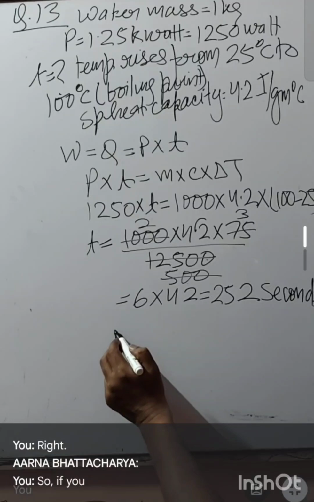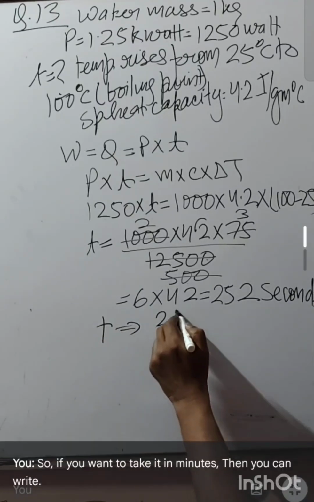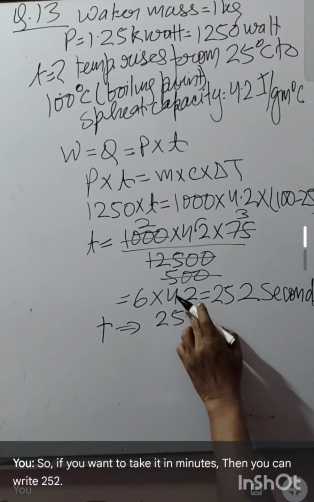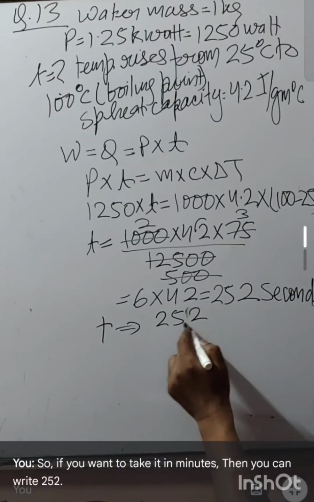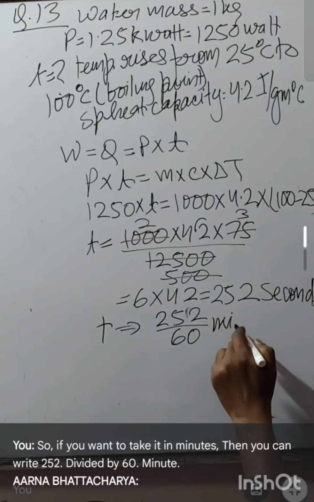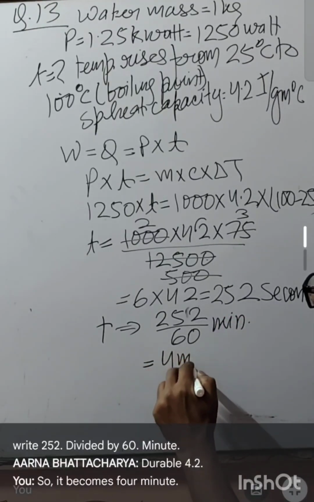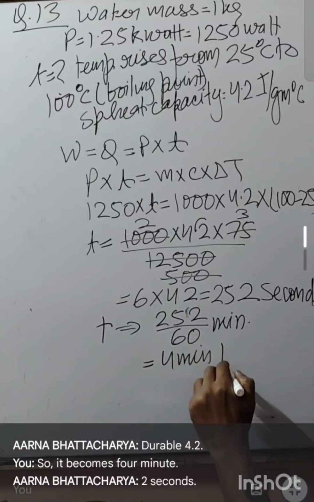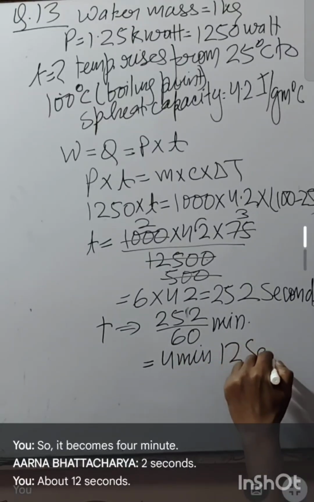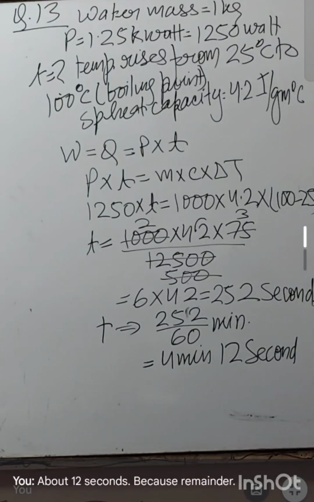So if you want to take it in minutes, then you can write 252 divided by 60 minutes. It will become 4.2 minutes. So it becomes 4 minutes 12 seconds, because the remainder is 12.